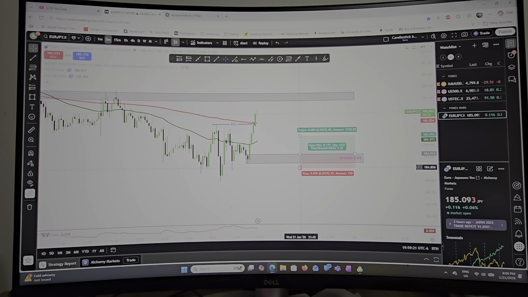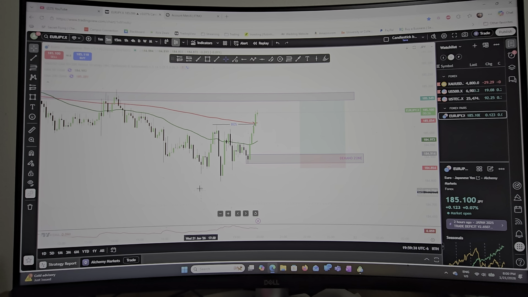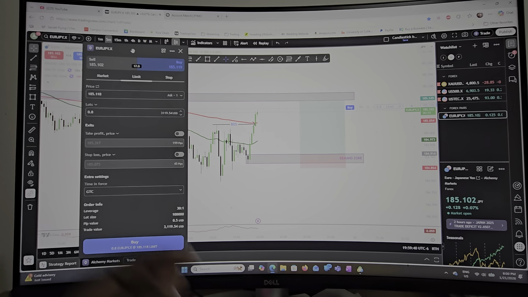Now mine is a little down below the zone, and just right there, that's 123.9. That's a good ratio. I know that for example, if you want to do a buy limit, you can see that the spread is about 16 to 15 right now.